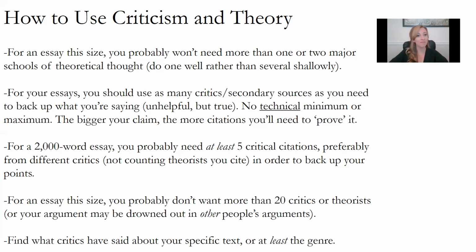There's a lot written about most of the text that we have assigned to you. So this really shows that you are backing up your points, because you're not just looking to one single person as the definitive authority on any topic. You're seeing that other critics and theorists disagree with each other sometimes. And in that way, you can locate where your work is situated in this broader discussion.